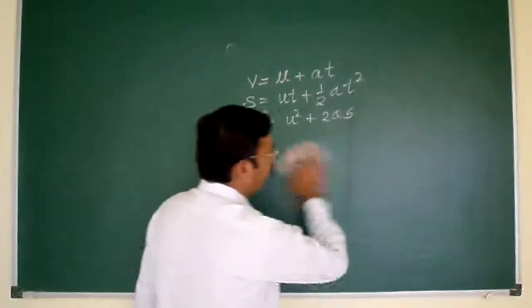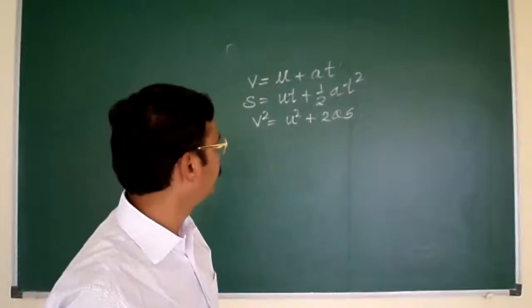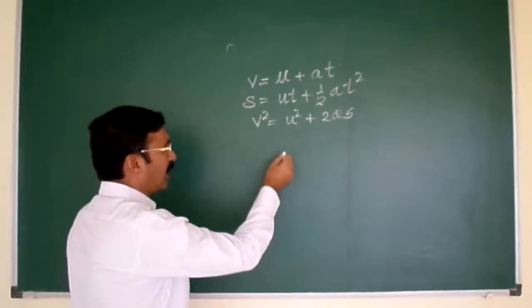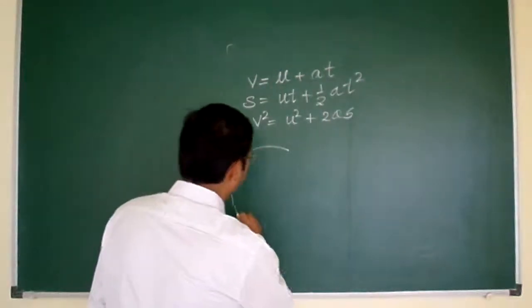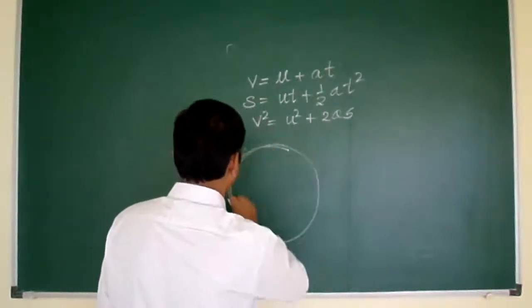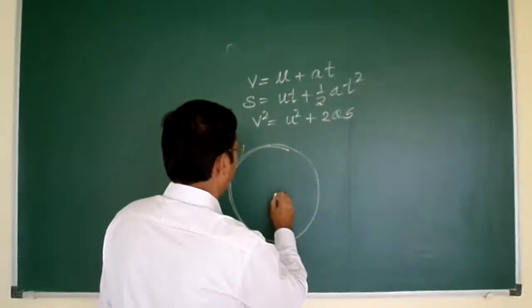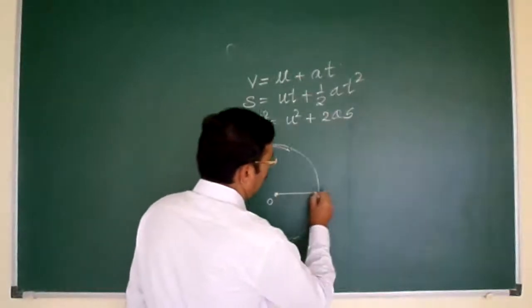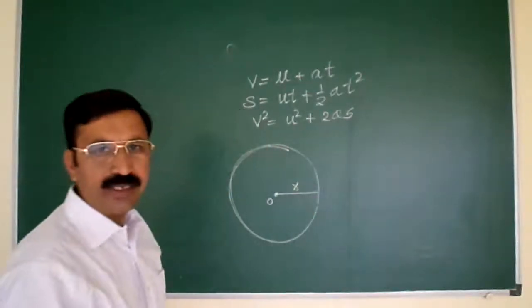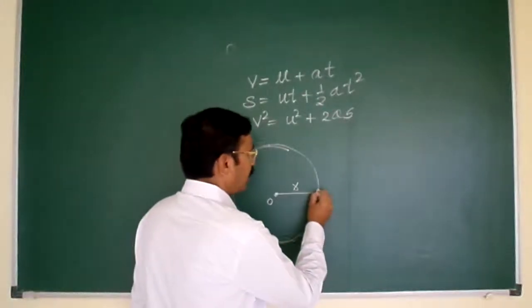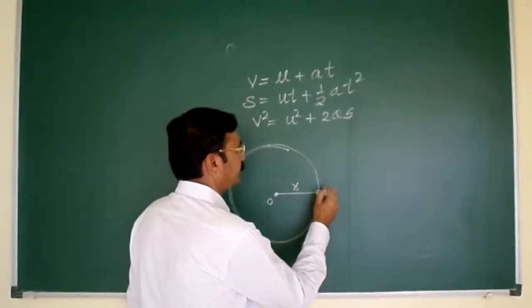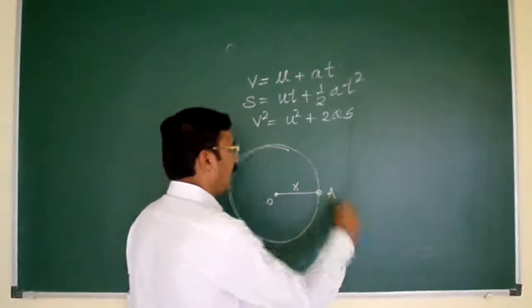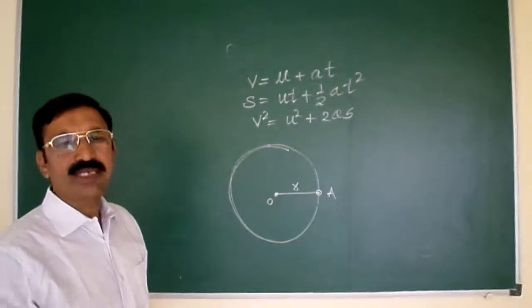When we consider a circular motion, an object or particle moves on the circumference of a circle. Suppose O is the center of the circle, R is the radius of the circle, and an object or a particle is present at position A on the circumference of the circle.